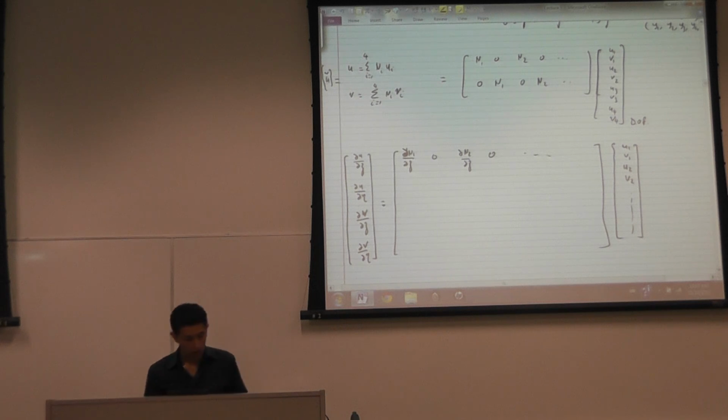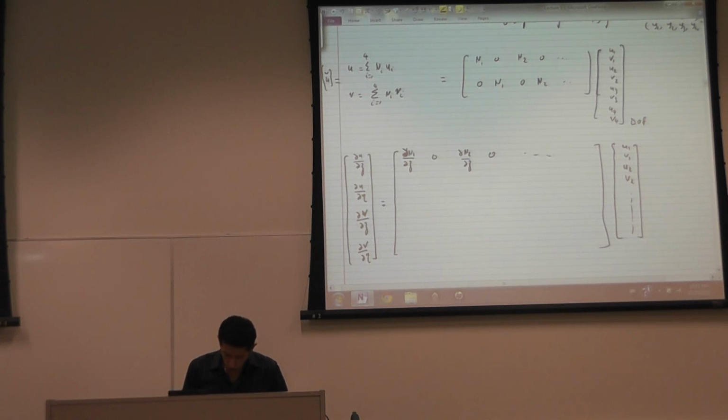Partial u by partial eta will be partial N1 by partial eta, 0, partial N2 by partial eta, 0, and so on. Partial v by partial xi will be 0, partial N1 by partial xi, 0, partial N2 by partial xi, and so on. And this will be partial N1 by partial eta, 0, partial N2 by partial eta, and so on.